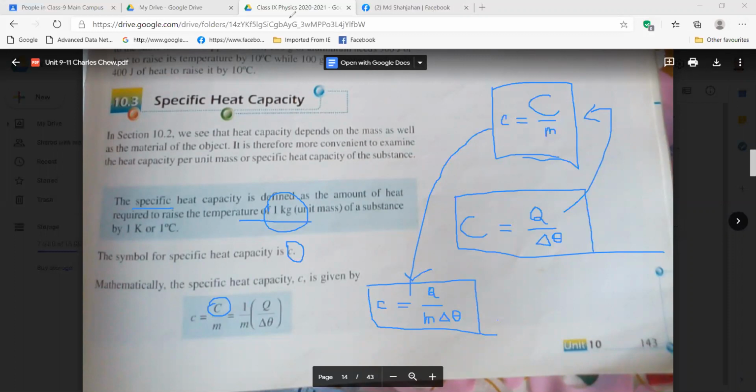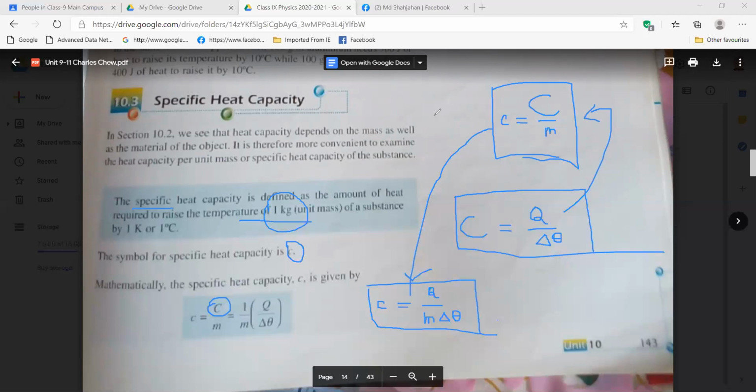So Aisha, can you tell us what is the difference between heat capacity and specific heat capacity? Specific heat capacity is divided by mass and also it is small c rather than a big C. Correct?